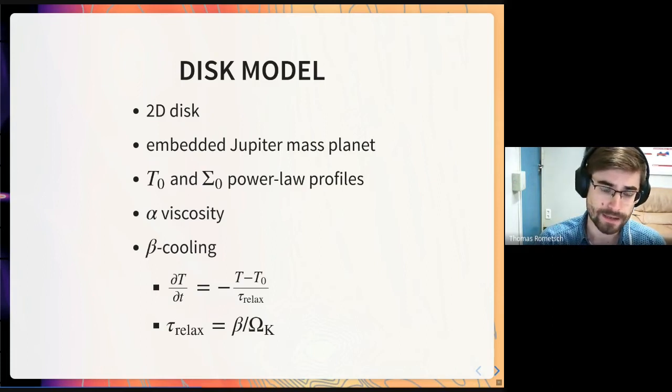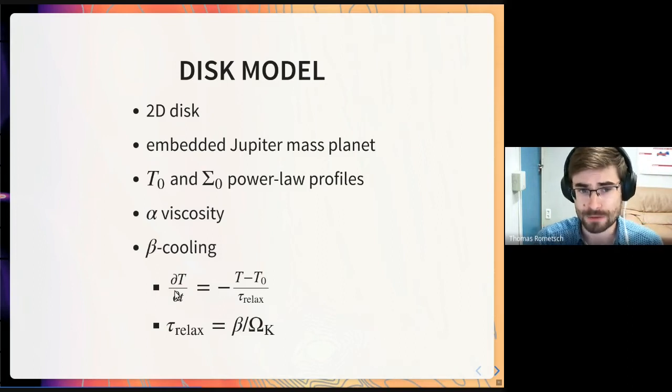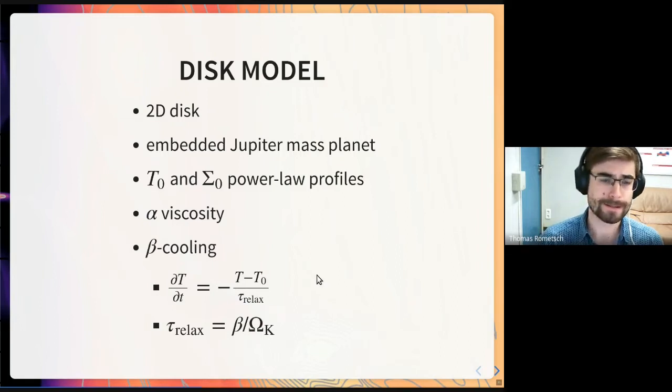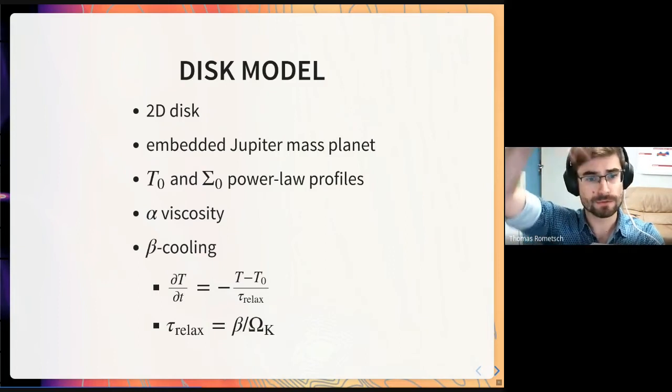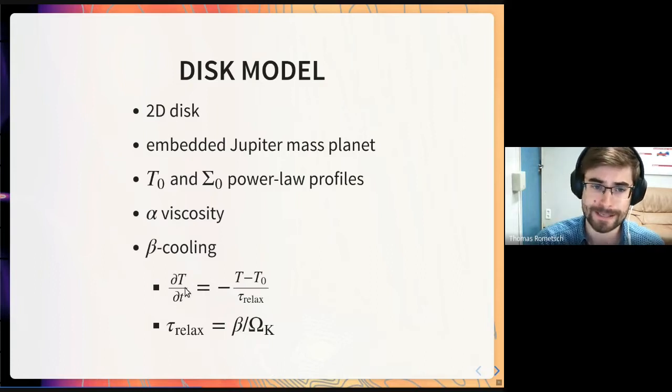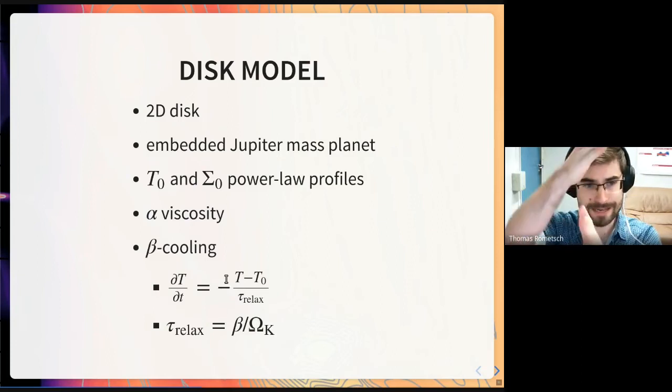And then to handle radiative effects, we employ something called beta cooling. So the idea here is the temperature in the disk is more or less set by the irradiation from the star and the radiation from the disk away into space. And this can be approximated by having an exponential decay back to this.